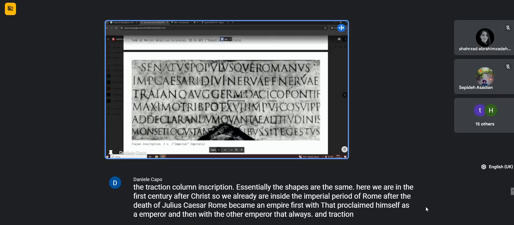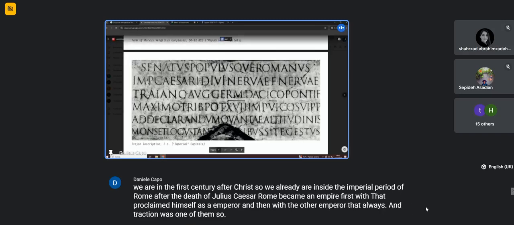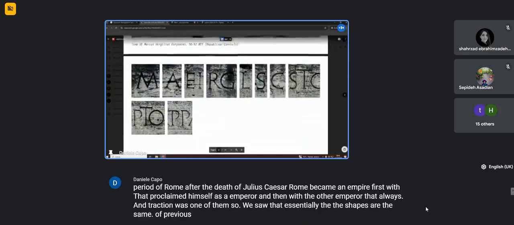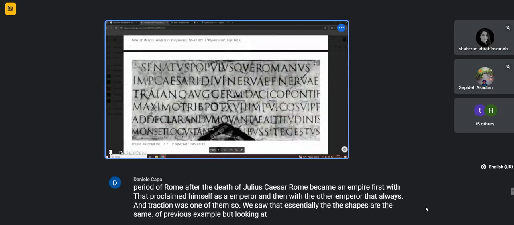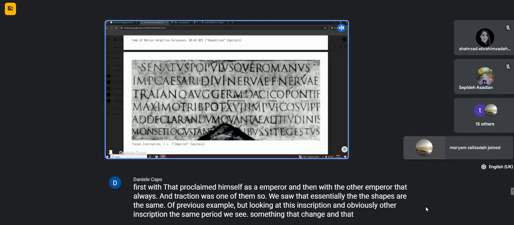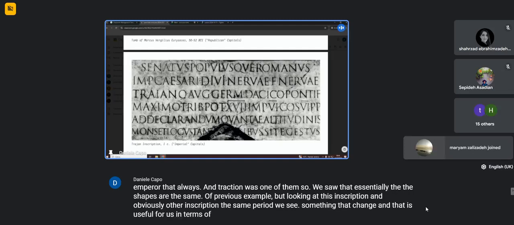And Trajan was one of them. So we saw that essentially the shapes are the same as previous examples. But looking at this inscription and obviously other inscriptions of the same period, we see something that changed and that is useful for us in terms of what we will see in typography.